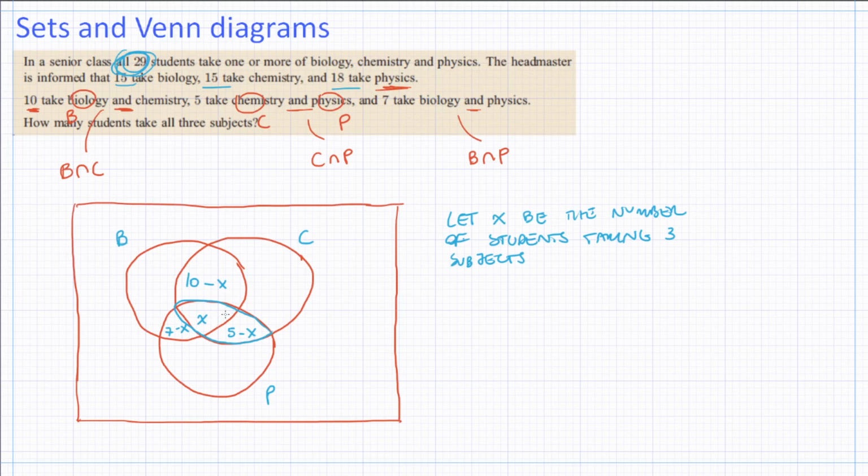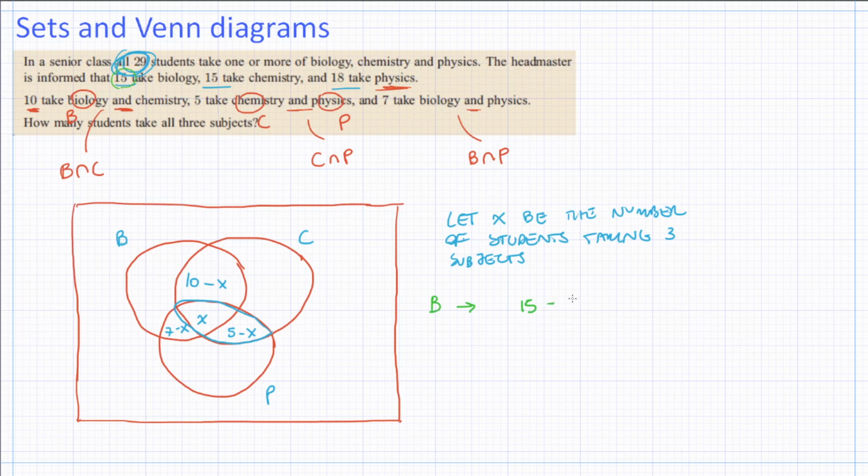Now we go another step. If we're observing Set B here, people who take biology, the total number of students should be 15, right? Now, if I take out this part, and this part, I would find what's only in B, people who do only biology. So the total is 15.